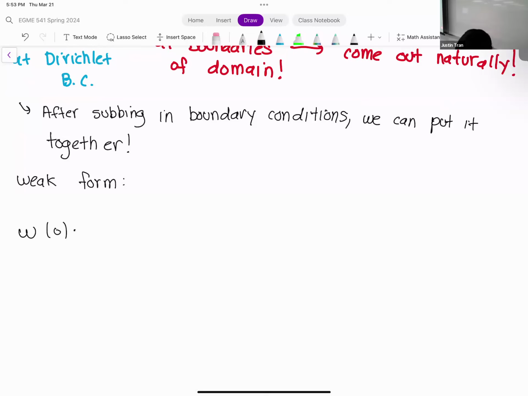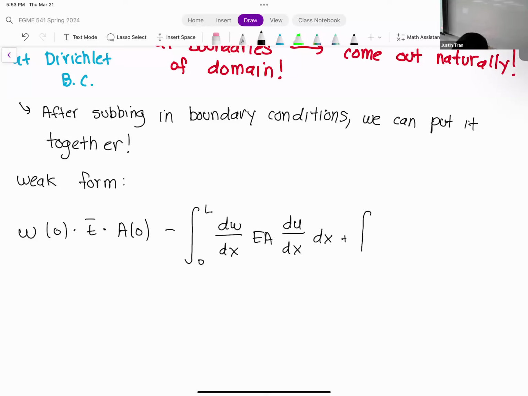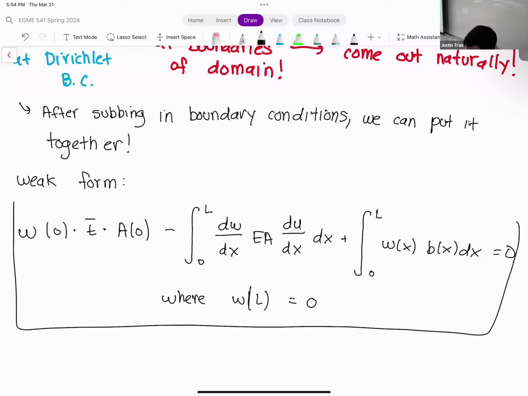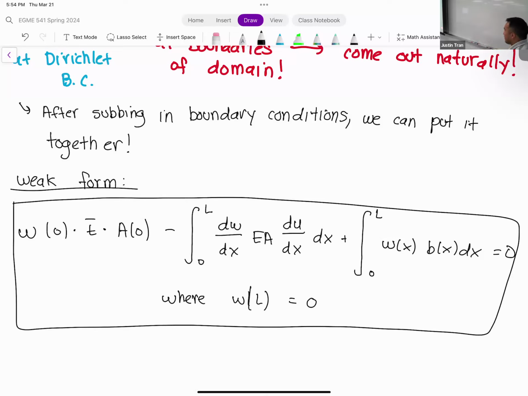We have W of 0 multiplied by T bar multiplied by A of 0, minus the integral from 0 to L of dw dx multiplied by EA times du dx, plus we still have our body force term, so the integral from 0 to L of W of x, B of x, dx equal to 0, where W of L is equal to 0. So that right there is the weak form of our boundary value problem.